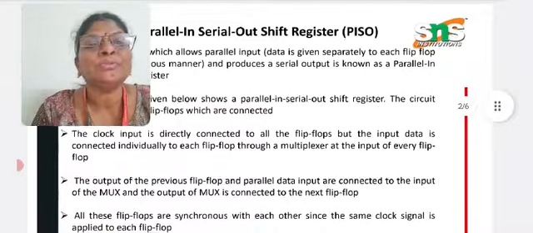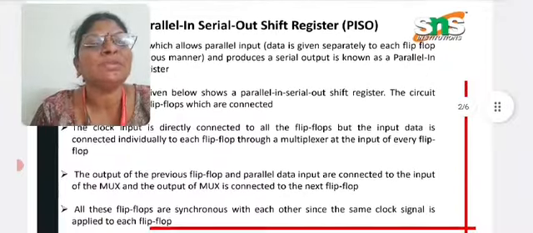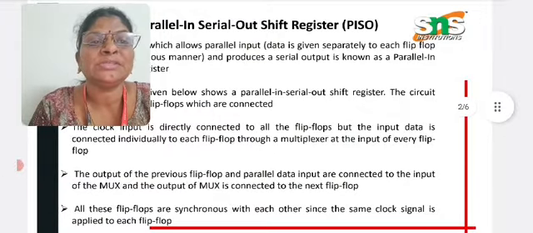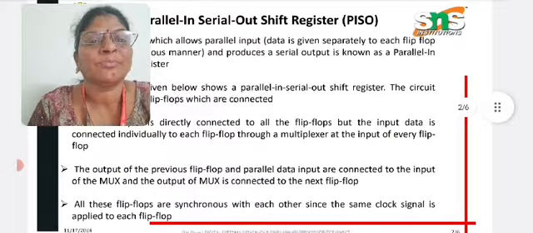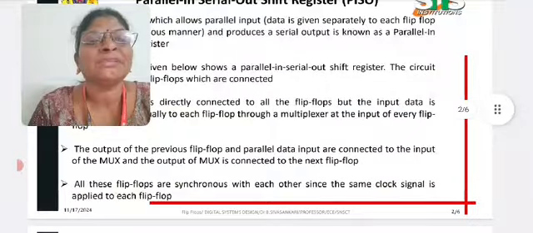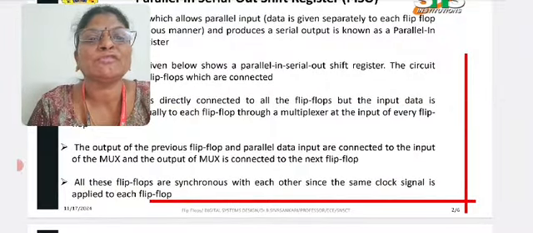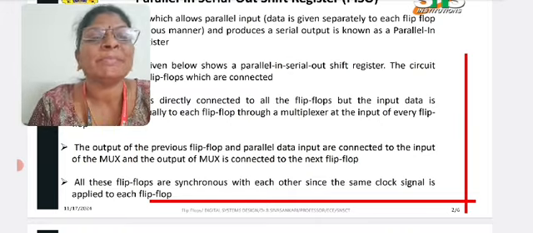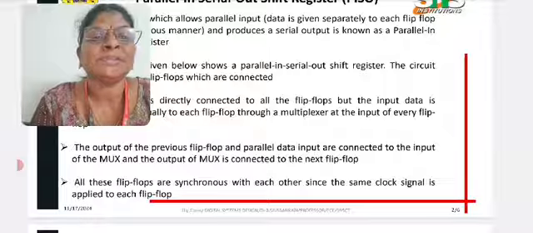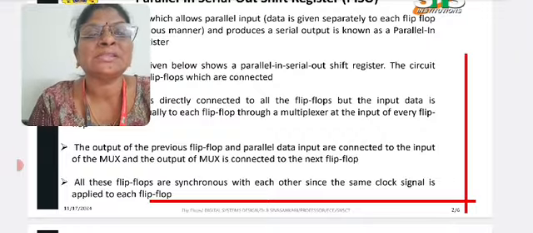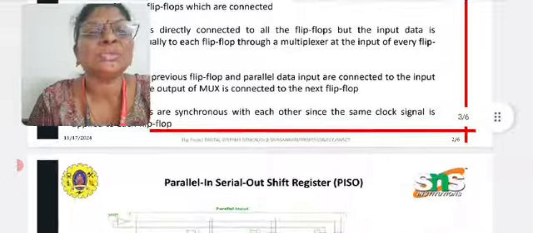The clock input is directly connected to all the flip-flops, but the input data is connected individually to each flip-flop through a multiplexer at the input of every flip-flop. So the output of the previous flip-flop and parallel data input are connected to the input of the mux, and the output of the mux is connected to the next flip-flop. So all these flip-flops are synchronous with each other since the same clock signal is applied to each flip-flop.